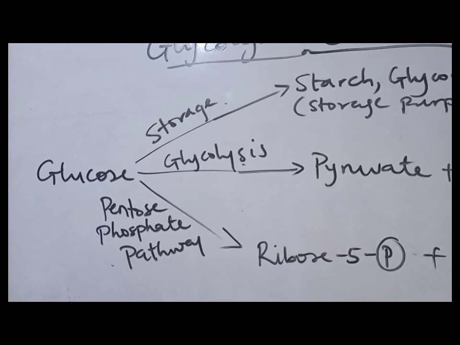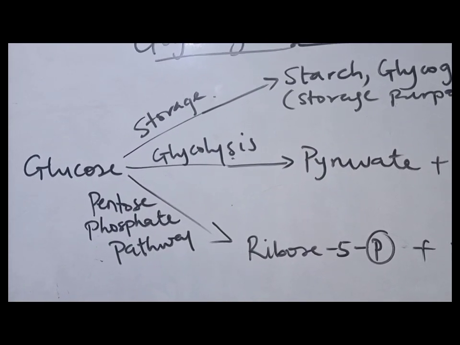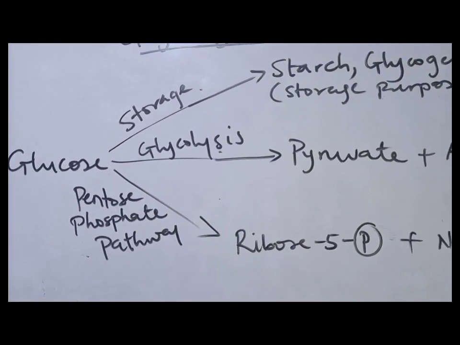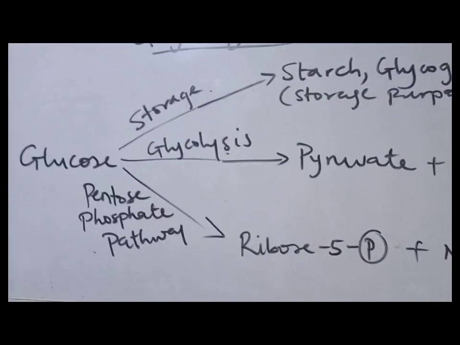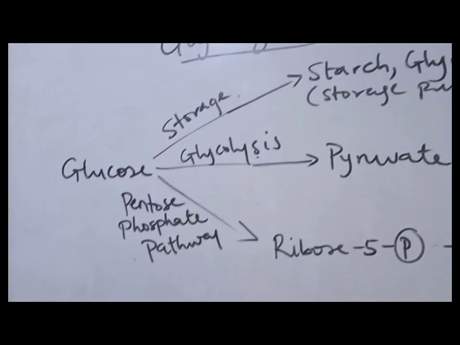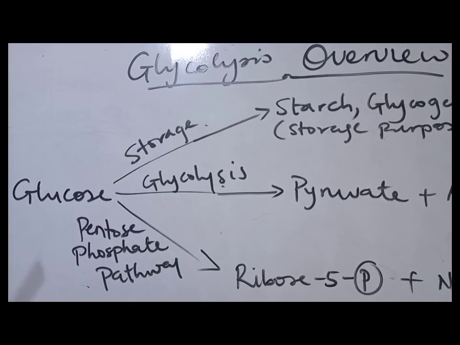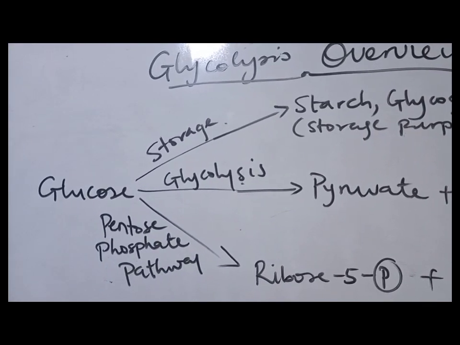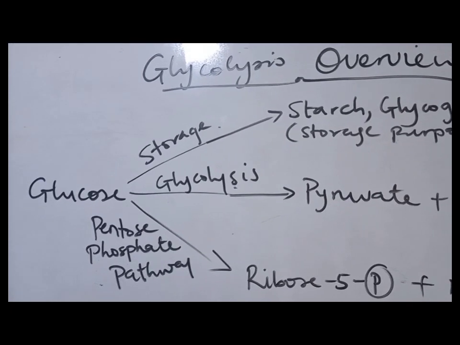In glycolysis, a molecule of glucose is broken down into 2 molecules of pyruvate in 10 enzyme catalyzed steps. Of course, we know that every reaction of the body is catalyzed by an enzyme. So for the glycolytic pathway, we have 10 enzymes running through that pathway.